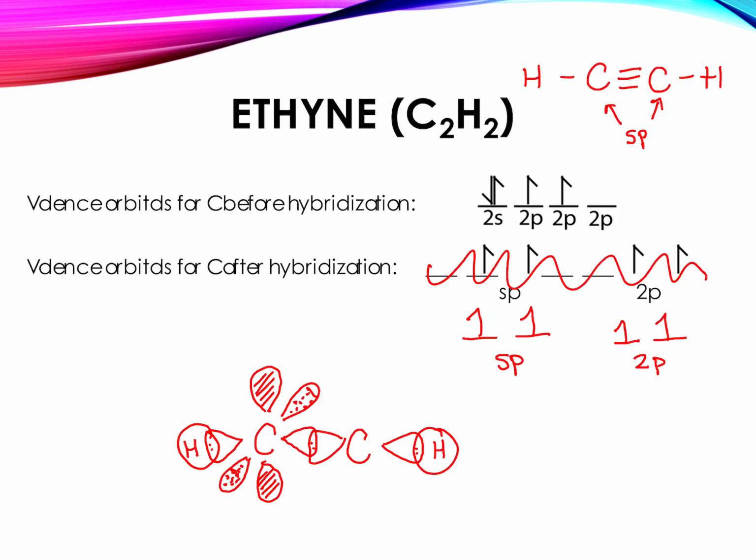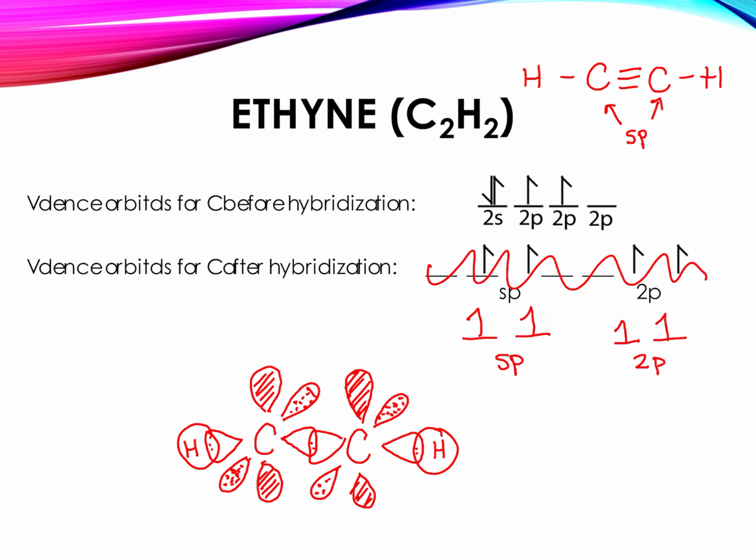However you want to do that, just make sure they look different. And again, this carbon will have one above and below the plane, and one going into and out of the plane. So again, I'll make one with dashes, and the other one with dots, or whatever makes you happy.